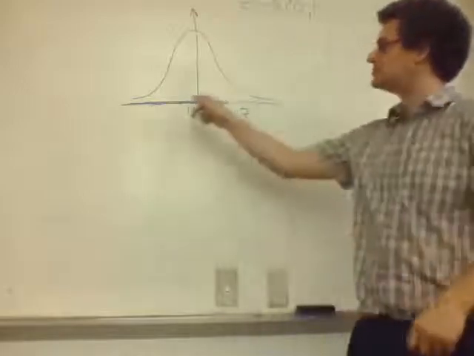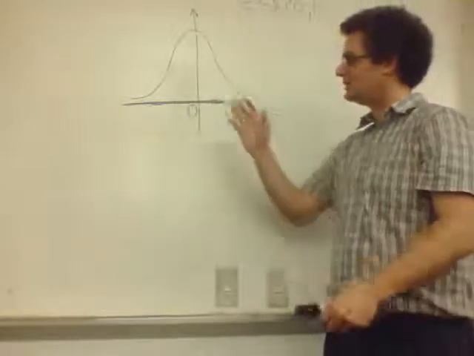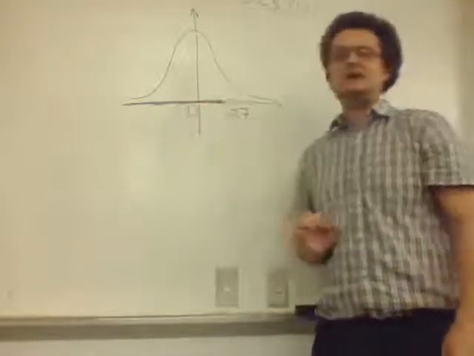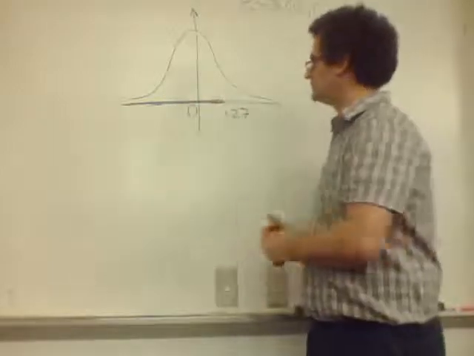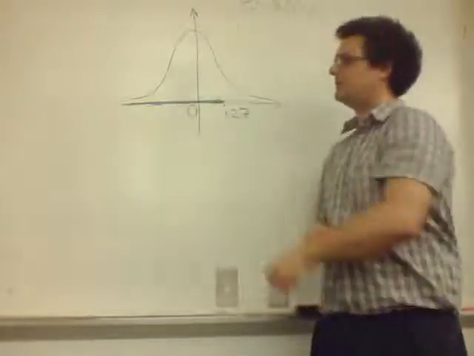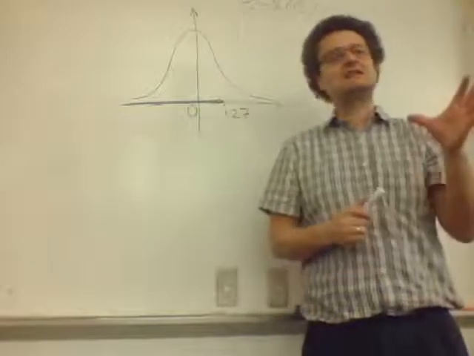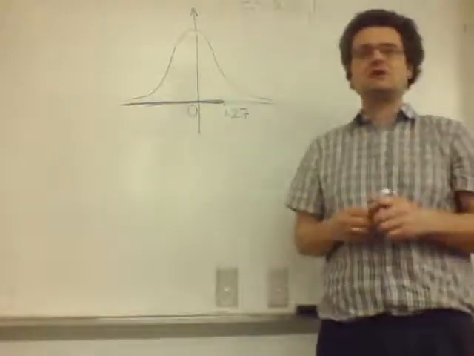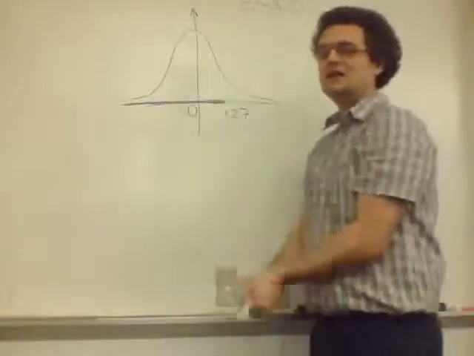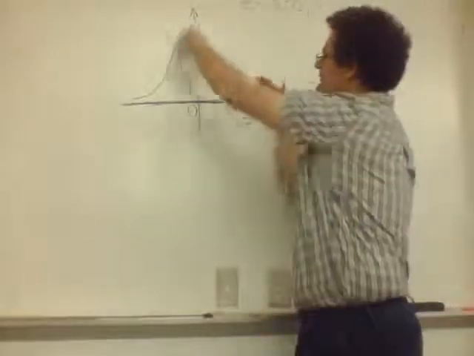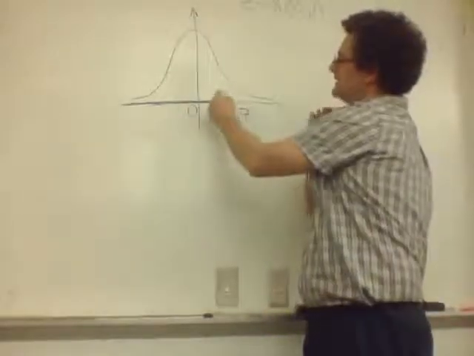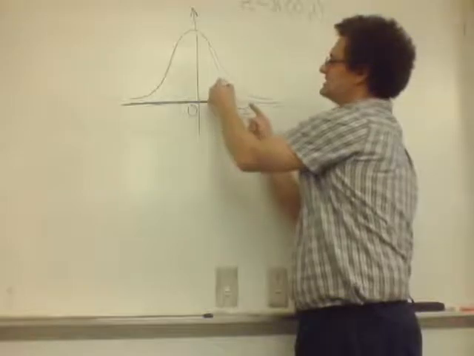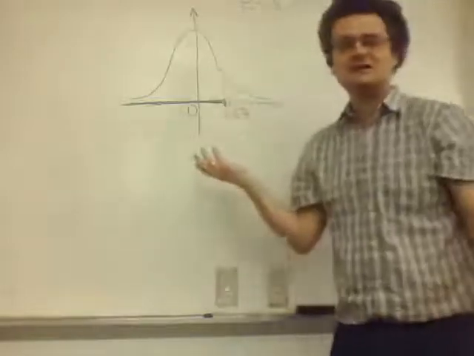So whatever point you choose, for example 1.27, the probability that x takes that value is the area below this bell-shaped curve but above just this point, and that's just a line, and the area of a line is 0.